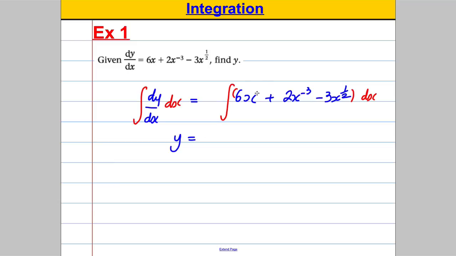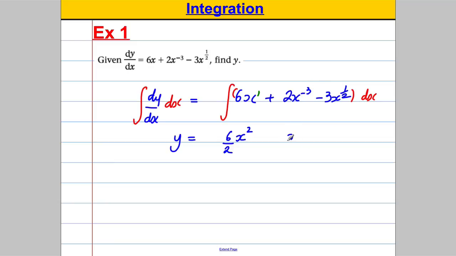Now let's integrate this first. There's no power there, but really there's x to the power 1. So I'm going to add 1 to the power and divide by the new power. So it's going to be x to the power 2 first of all, and it's going to be 6 divided by 2. If I add 1 to this power, I'm going to get x to the negative 2, aren't I?